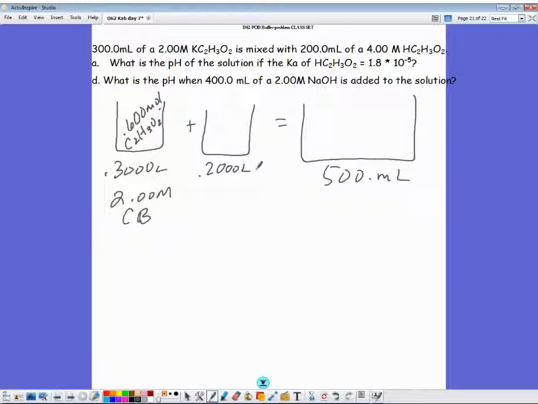Because we don't care about him, because he's just neutral anyway. And in the other beaker, I have 0.2 liters of a 4 molar weak acid, so I get 0.8 moles of my weak acid, HC2H3O2. When I put them together, those mole values are the same. What does change is the volume and thus their molarities, but their mole values are unchanged.